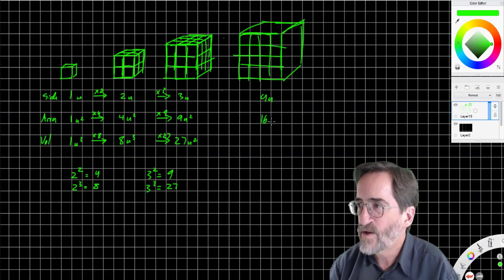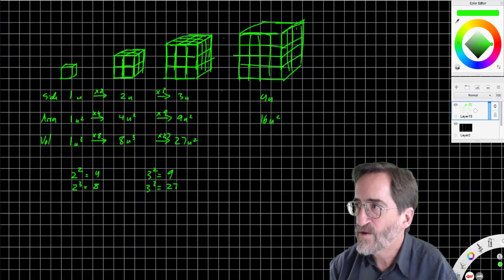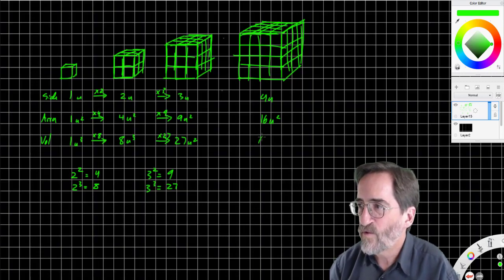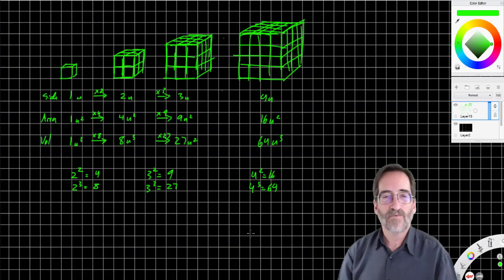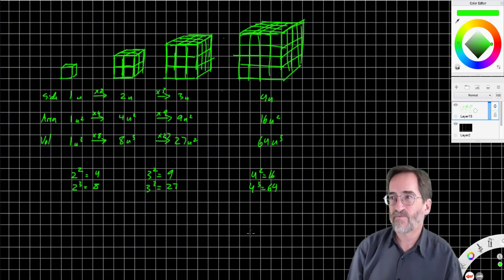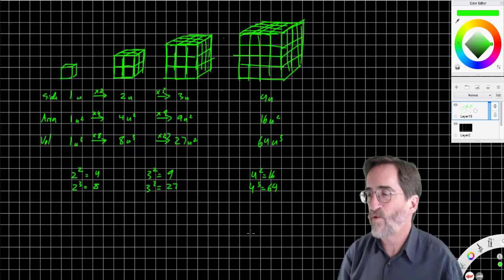Now the area is 16 units squared, and if you can count them, you will find that this is made up of 4 times 4 times 4, 64 little cubes. 4 squared is 16, 4 cubed is 64. 4 times 4 is 16, 16 times 4 is 64.